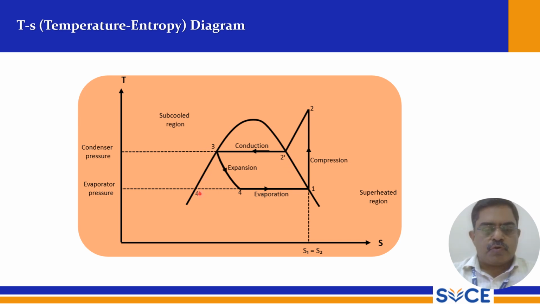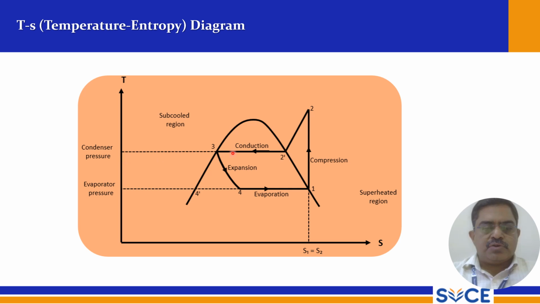So 3 to 4 dash is the actual point, and 3 to 4 is the ideal point, the ideal expansion. During the throttling process we have the 3 to 4 process, and 4 to 1 is again evaporation. So these are the four processes taking place.